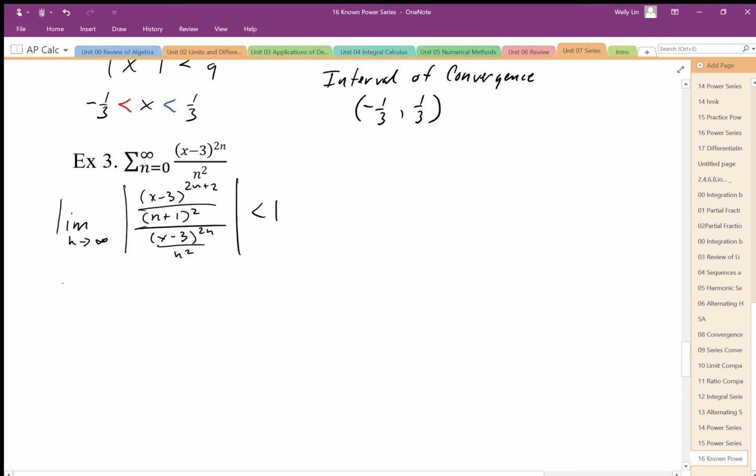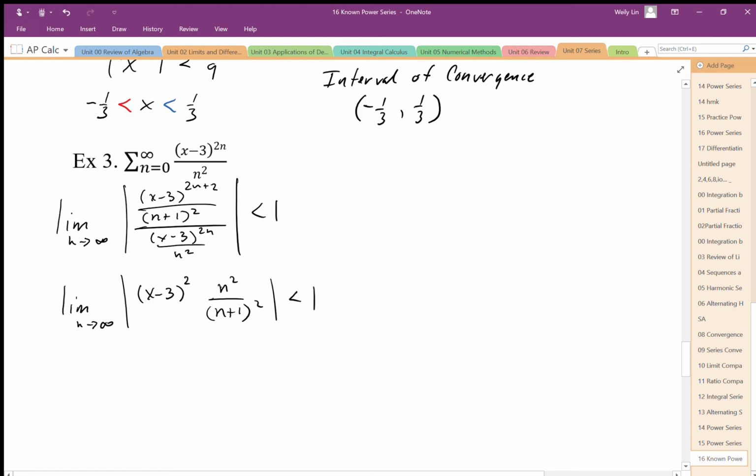So rearranging this, the limit as n goes to infinity. The power series part cancels out, so we're just going to be left with x minus 3 to the power 2, since the 2n cancels the 2n, leaving plus 2. And for the sequence part, we end up with n squared over n plus 1 squared.